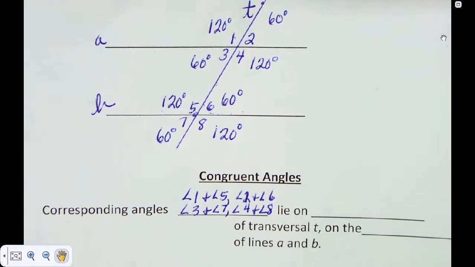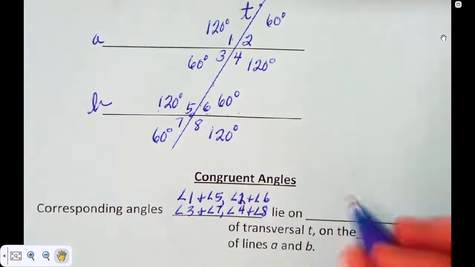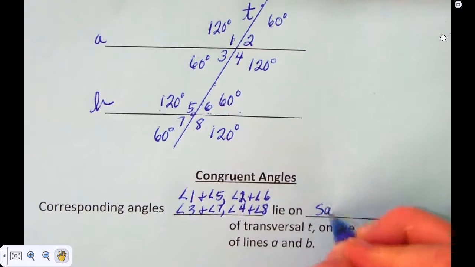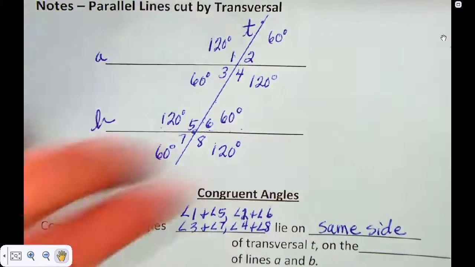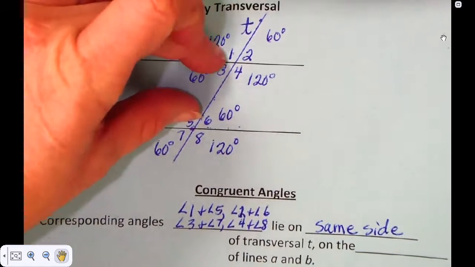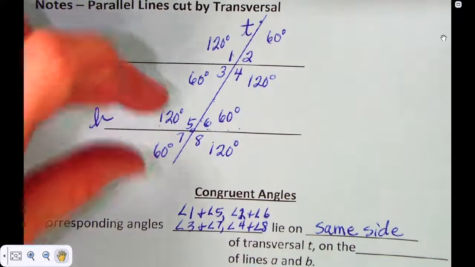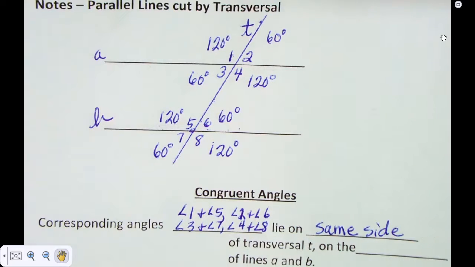They lie on the same side of the transversal. So 1 and 5 are on the same side of the transversal. 3 and 7 on the same side.